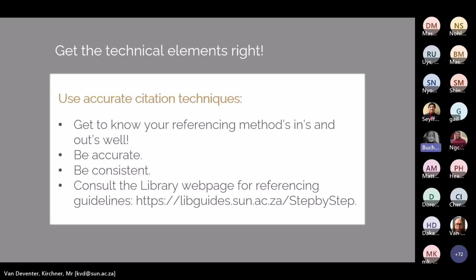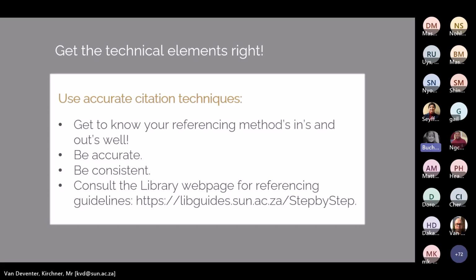But even if one uses a referencing tool like Mendeley, it's really important to understand the ins and outs of that particular reference technique that you have been asked by your department to use, because sometimes these tools may not be accurate, and sometimes you may feed it incorrect information and then it's not reflecting correctly. So yes, you need to be accurate with your referencing.